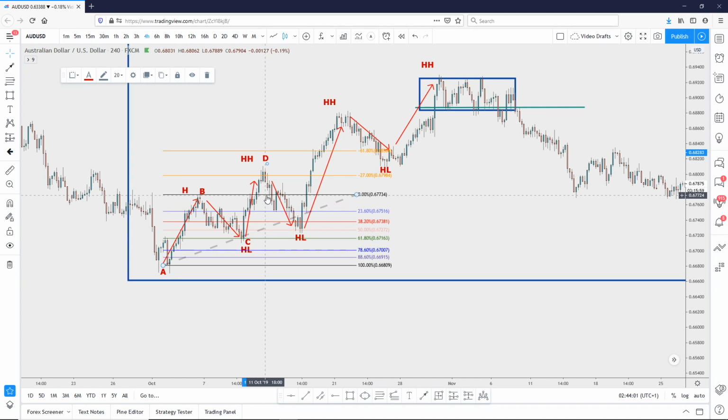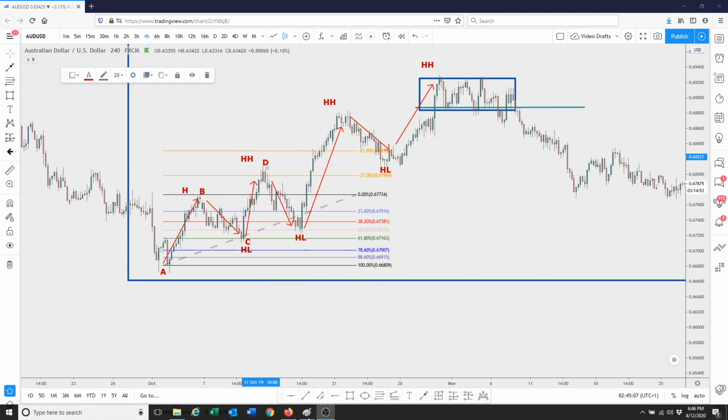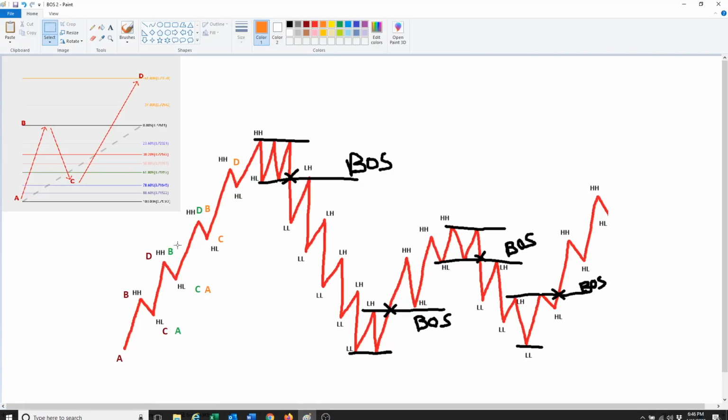And when I refer to the zero line, I say this is take profit 1, take profit 2, and take profit 3. So that's how we use Fibonacci to measure retracement, and then use it to set targets for take profit. And as you can see here, we retraced to C. D was the take profit, which was negative 27%. Okay, so now I want to show you this drawing just to, again, reinforce what we're going to be learning here.